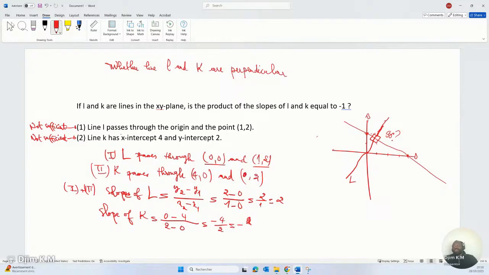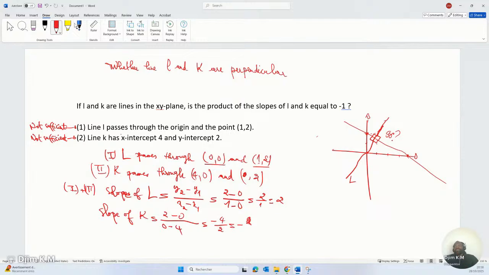So that means when we come here, in determining the slope, we can say that y2 minus y1, 0, divided by x2, 0 minus 4.